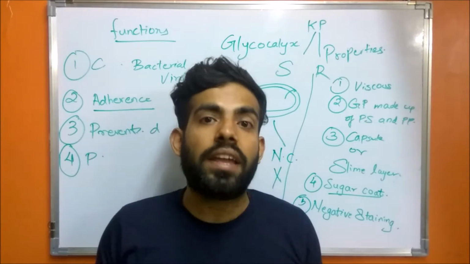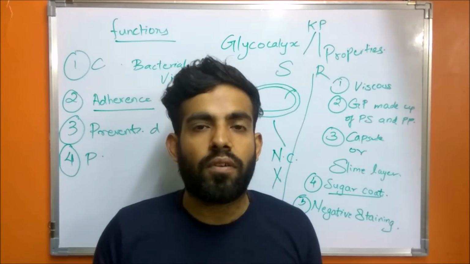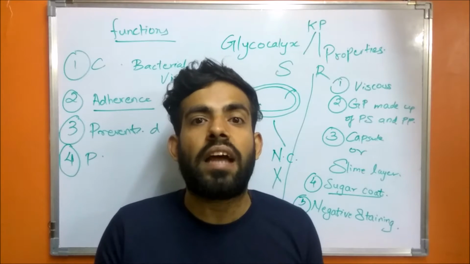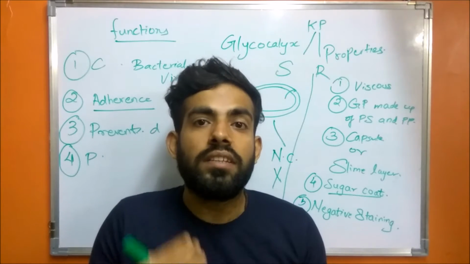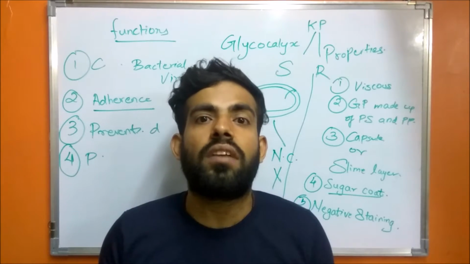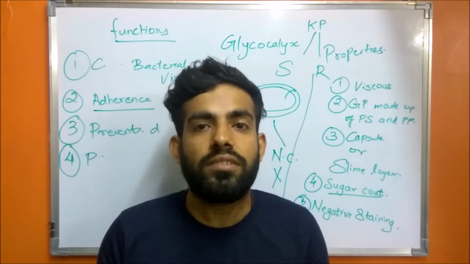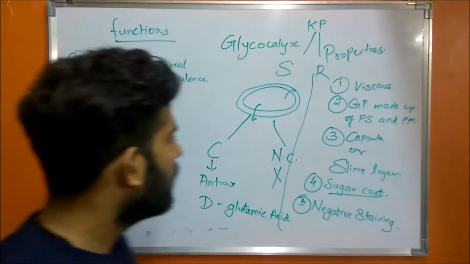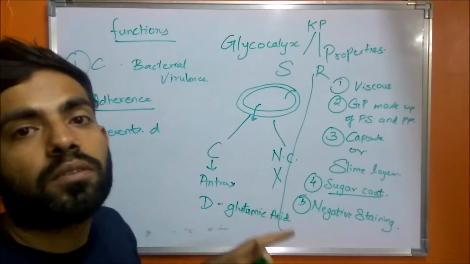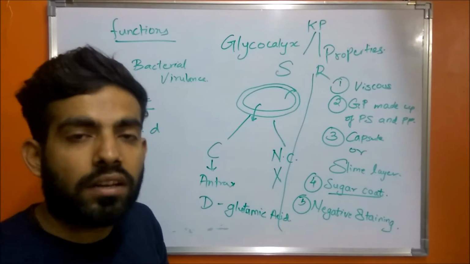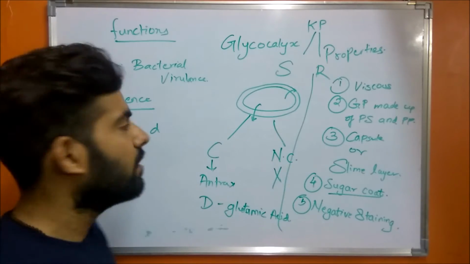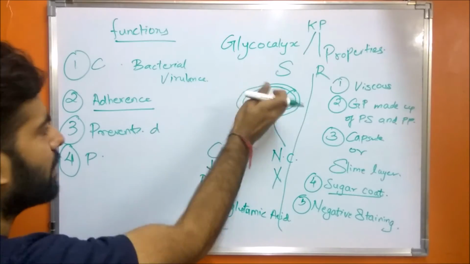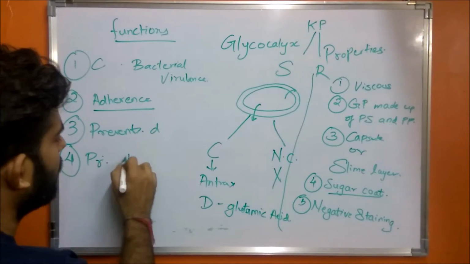Phagocytosis is getting engulfed by another cell. For example, pathogens that invade our bodies are engulfed by macrophages. The presence of capsule does not allow the macrophage or another cell to engulf the bacterial cell. So, protection from phagocytosis.